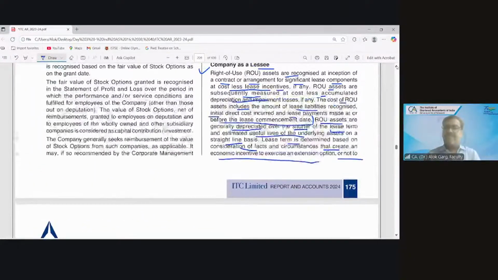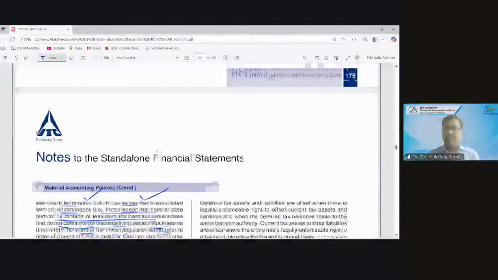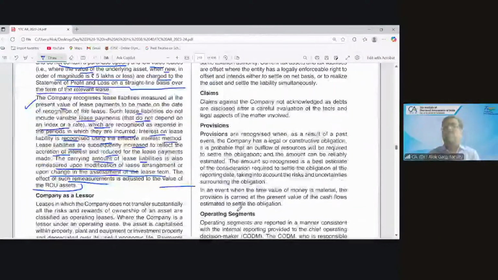So the effect of remeasurement is adjusted to the value of the ROU asset and lease liability. Saminathan, of course, lease liability is the first step. Whenever there is a change in scope, your ROU is dependent on your lease liability. It is always the first calculation.